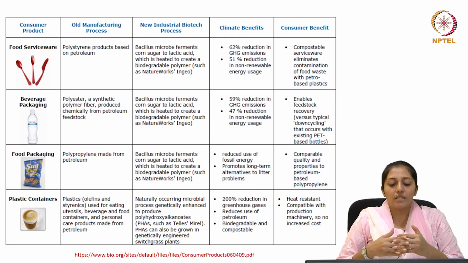So Bacillus, for example, is a microbe which can ferment corn sugar to lactic acid, which is heated to create the biodegradable polymer. Polylactic acid is one of the key polymers used in the packaging industry, has use in food serviceware making or food packaging. So it can replace the conventional plastic.